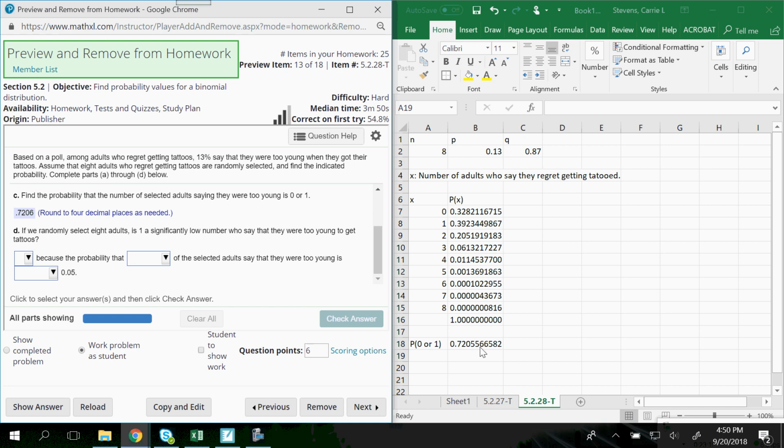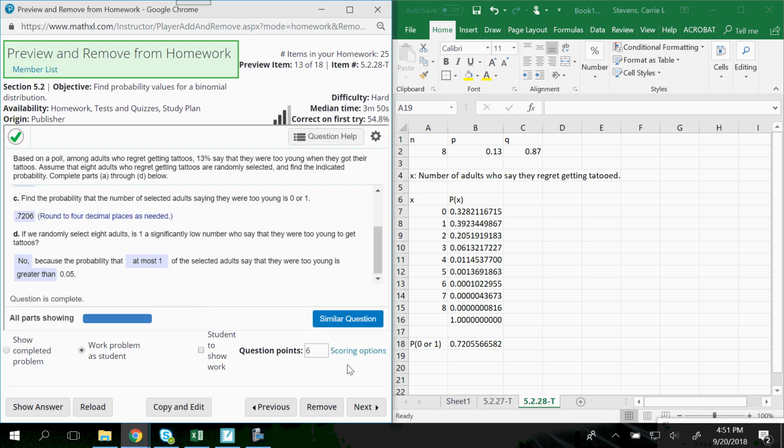So looking at this, we were looking for less than 0.05 probability, less than or equal, so no, it's not, 1 is not a significantly low number, because the probability that at most one or fewer of the selected adults say they were too young is greater.